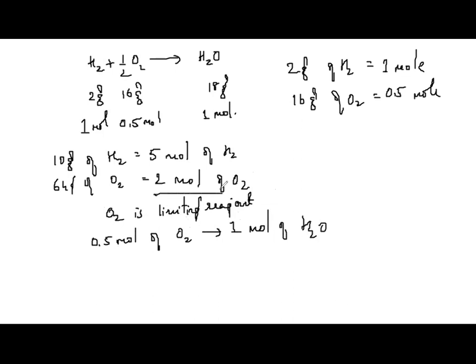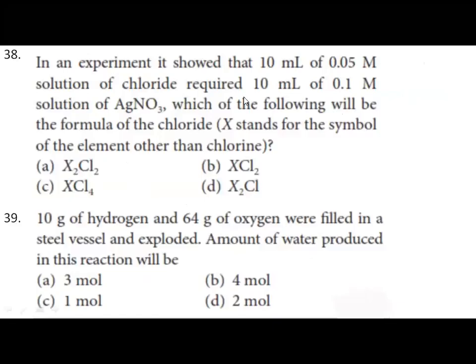Here how many moles of oxygen are there? 2 moles of oxygen will give how many moles? 0.5 is giving 1 mole, so 2 moles will give 4 moles of water. It will produce 4 moles of water. So option B is the right option.